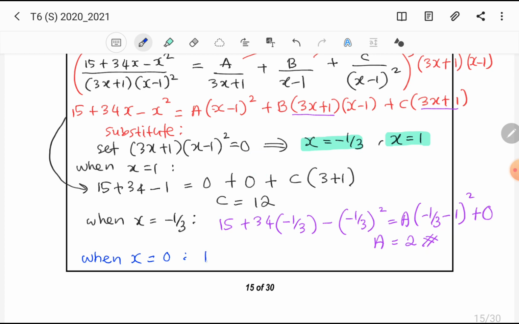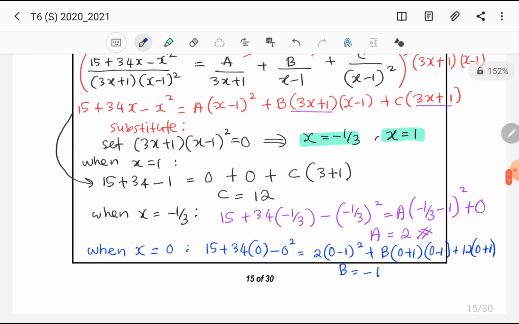So, akan dapat 15 plus 34 times 0 minus 0 square equals to, okay, A berapa A? 2 of 0 minus 1 square plus B 0 plus 1, 0 minus 1 plus C 12. So, 0 plus 1. So, kalau awak kira, awak akan dapat B equals to negative 1.